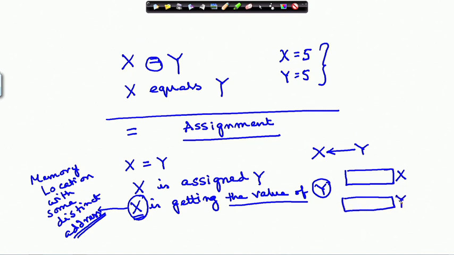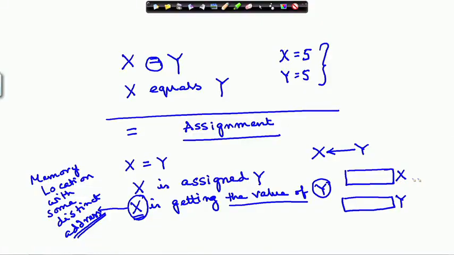is also a memory location, and when I am writing this variable name y, it is just for ease of our understanding. Otherwise I would have to write the address here, and the address in a computer system, in machine language, will be a string of binary bits. That will be really complicated.